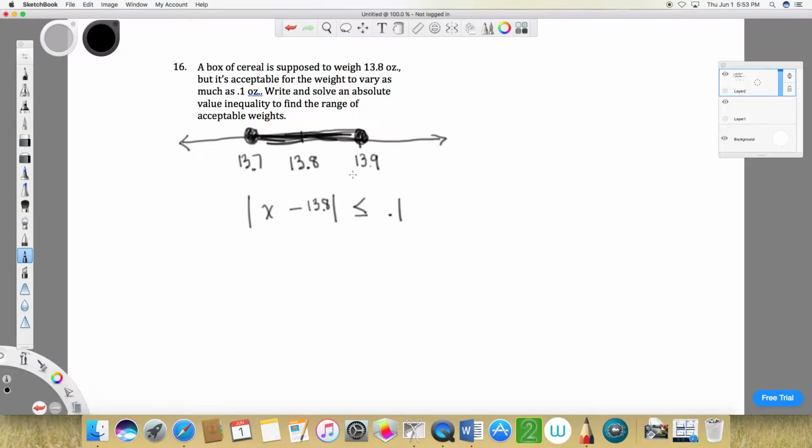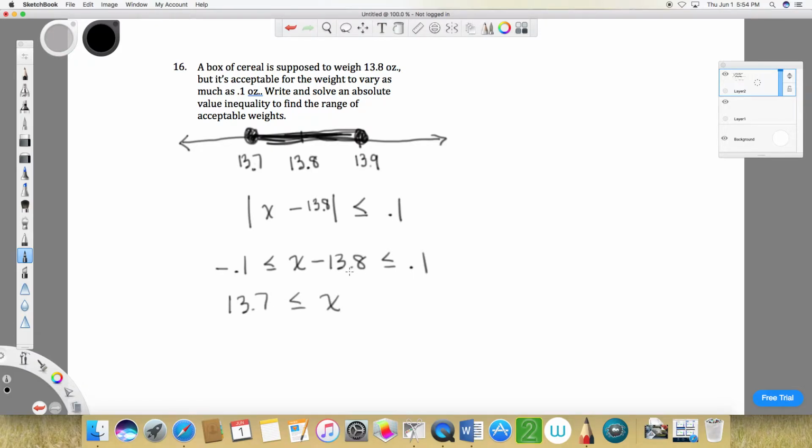Let's double check it. Let's algebraically solve for this. So let's change this to negative 0.1 less than or equal to x minus 13.8 less than or equal to positive 0.1. Let's add 13.8 everywhere to all three sides here. When we add it here, we get 13.7.